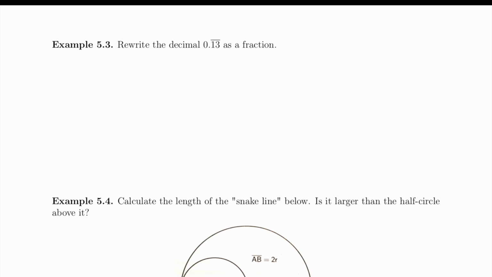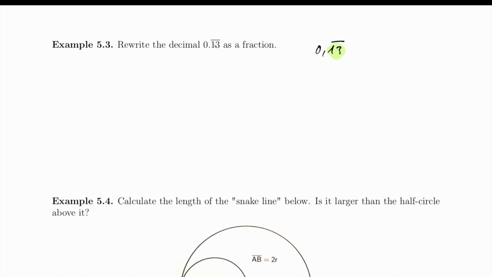On the one hand, here you can use the same trick as before. With 0.131313, so 0.13 periodic, I want to take the whole thing that is periodic to the front, so on the left hand side of the decimal point.